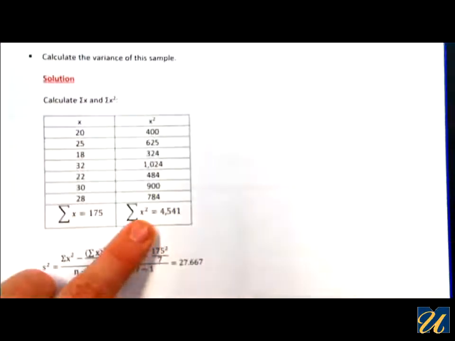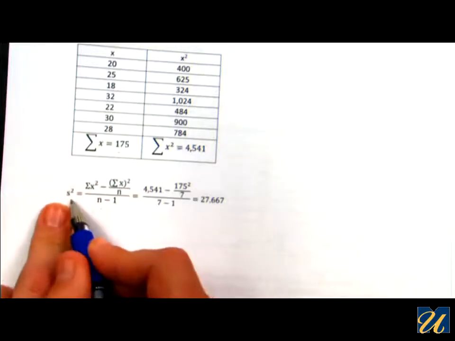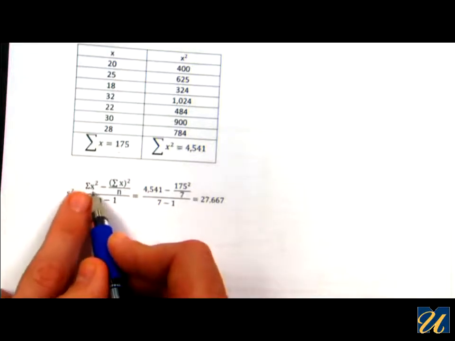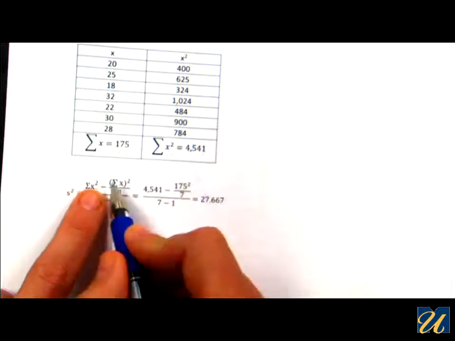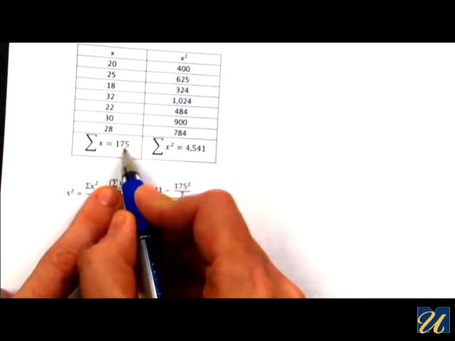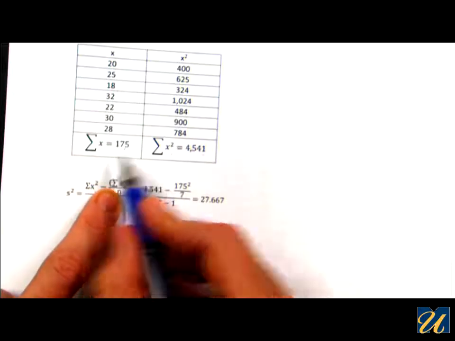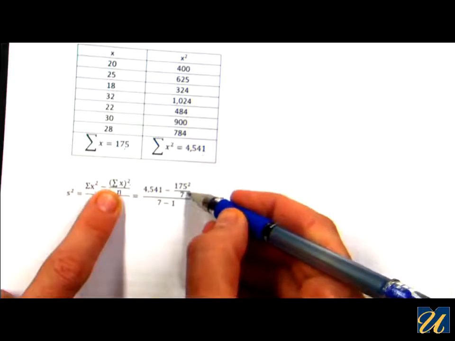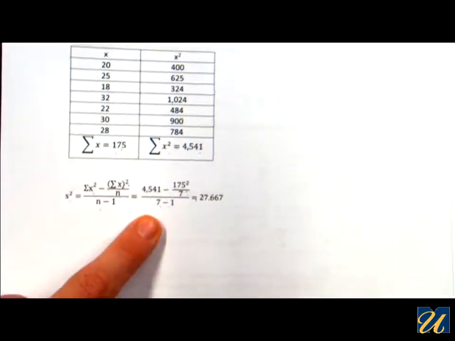This will give us the sum of the squared entries. And the next step will be to go to the formula and plug in the numbers that we found. So s squared, the variance, is equal to the sum of the squared entries, which is 4,541, minus the sum of the entries, 175, squared. Do not forget to square at this point whatever you found for the sum of the entries, over the sample size, which is 7, and all of that over 7 minus 1. If we do that, then the variance should be 27.667.